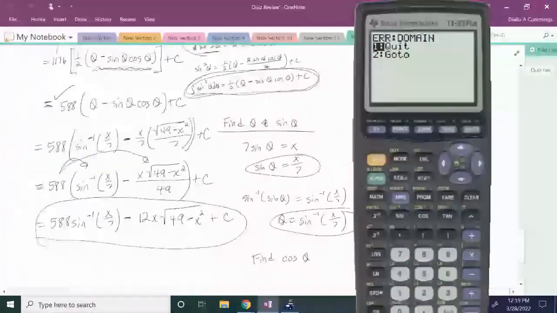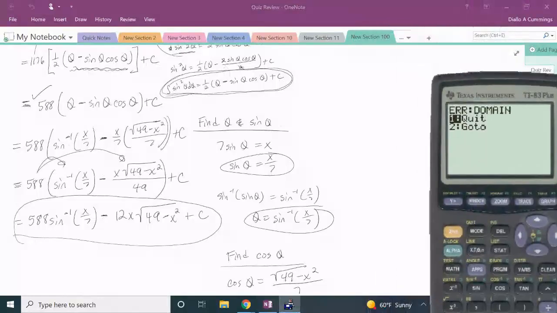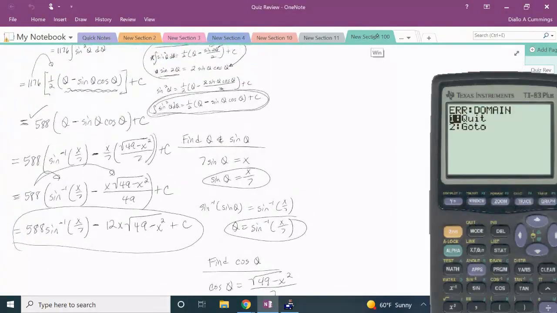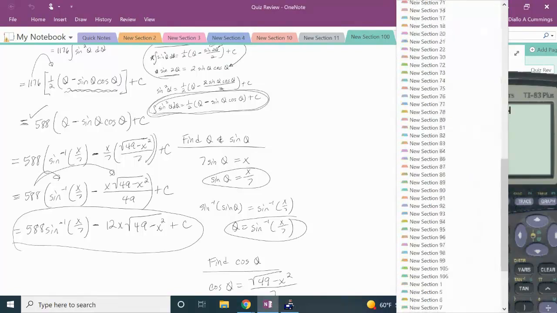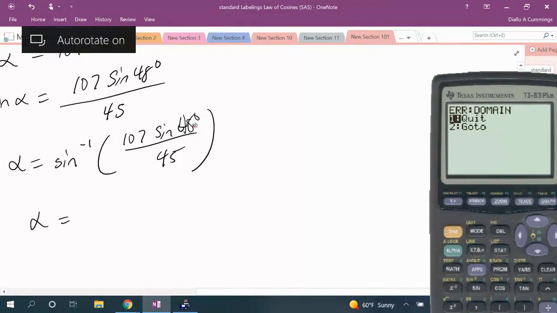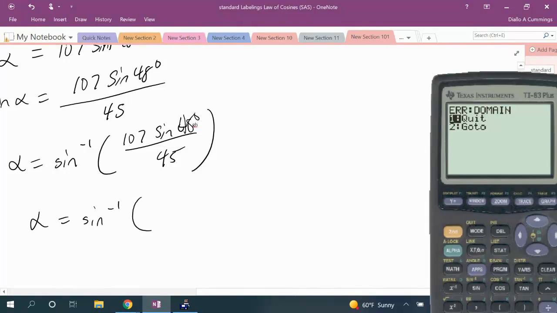So I want to just show something for just a second. Remember we talked about in an earlier section that the sine as well as the cosine value can't exceed +1 and it can't be less than -1.